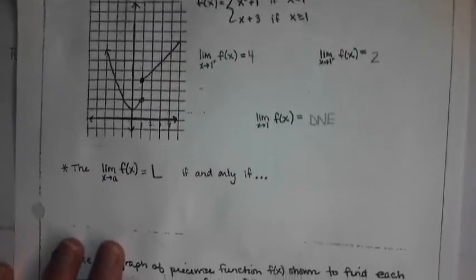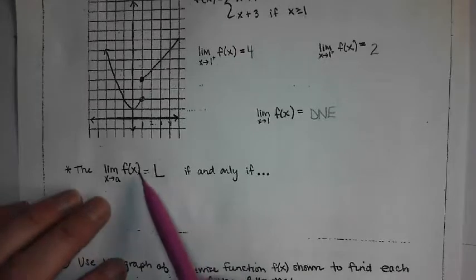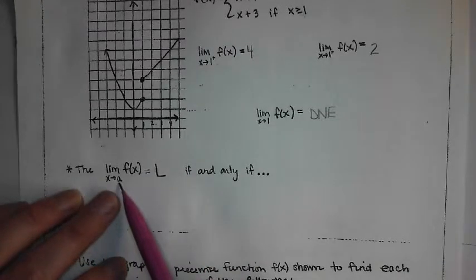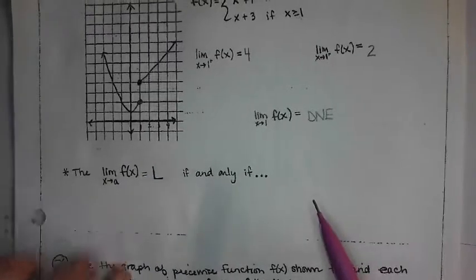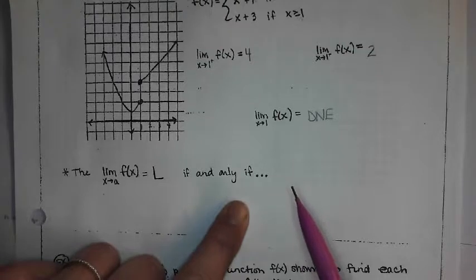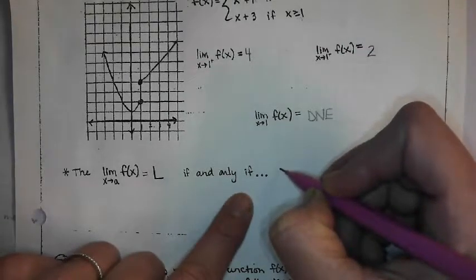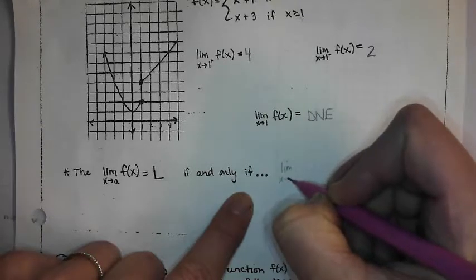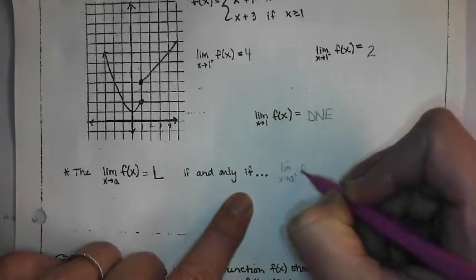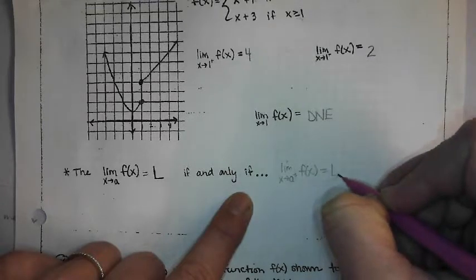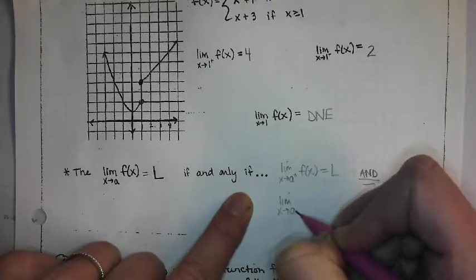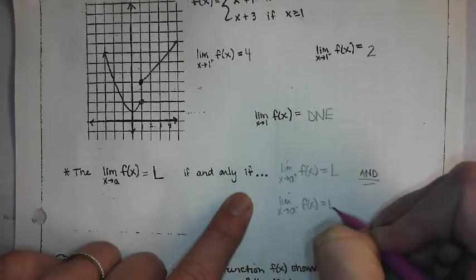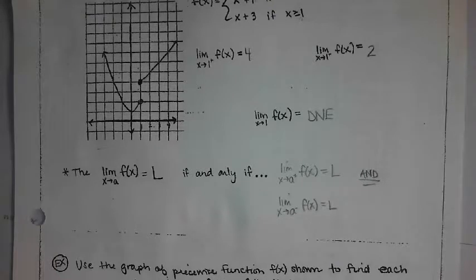So let's look at this in symbolic form. The limit of a function as x approaches a number a is going to equal L, which is some value, if and only if the limit as you approach a from the right equals L and the limit as you approach a from the left equals L. So just the symbolic definition: the limit from the left has to equal the limit from the right.